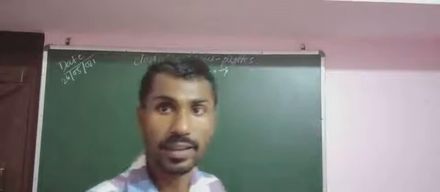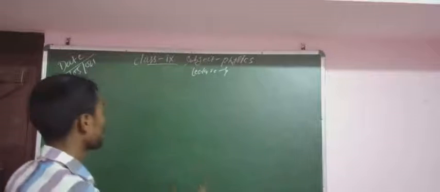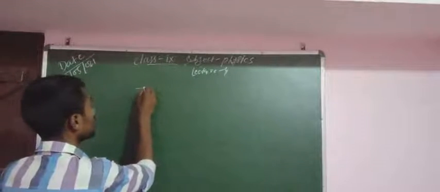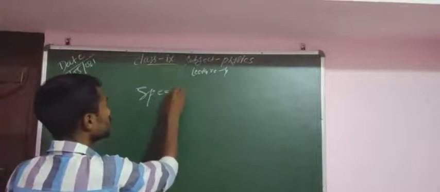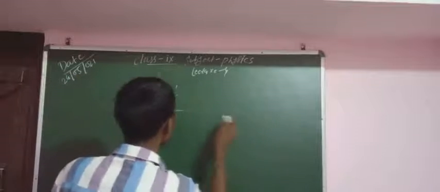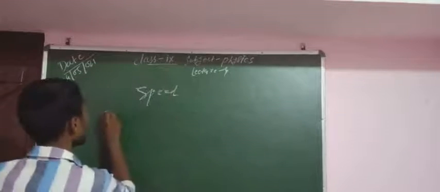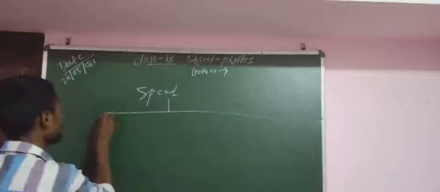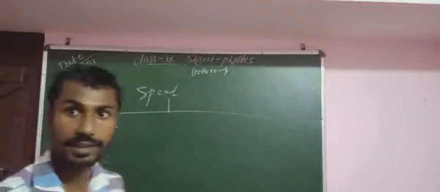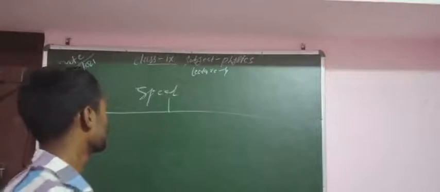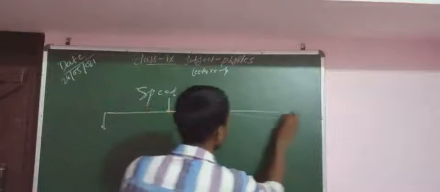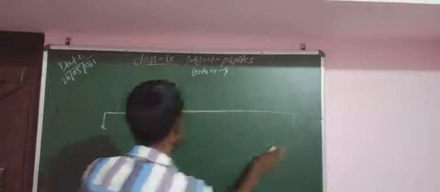So basically, there are four kinds of speed. Last class I told you and wrote on the board like that.